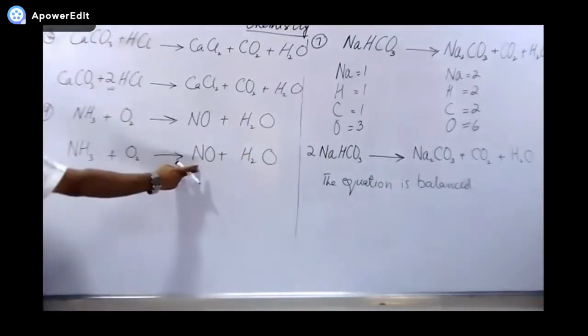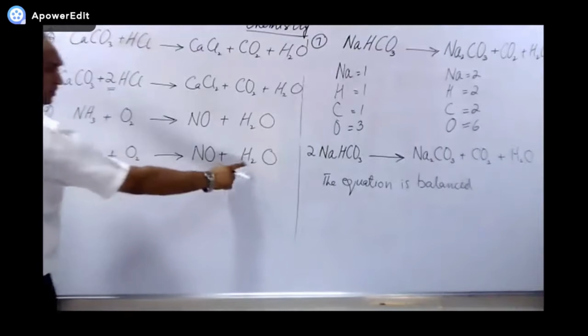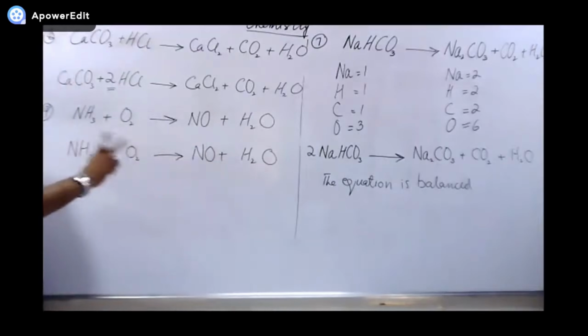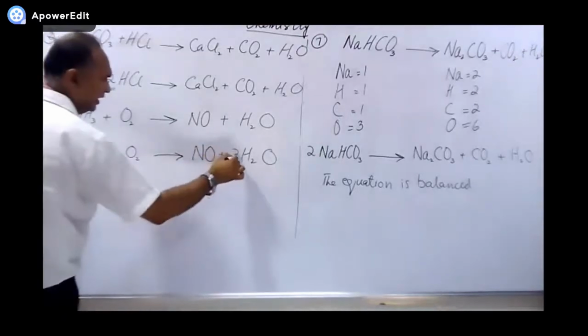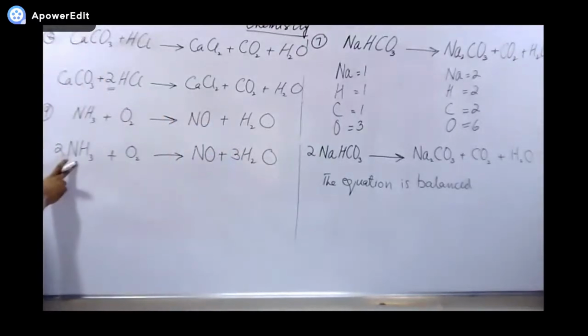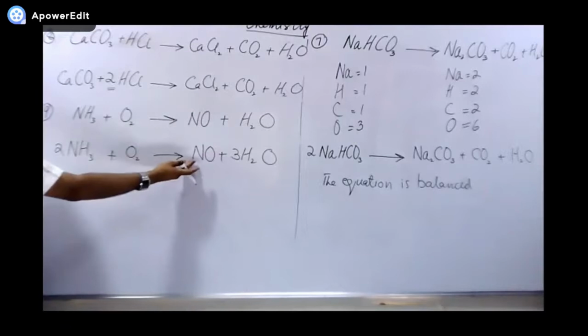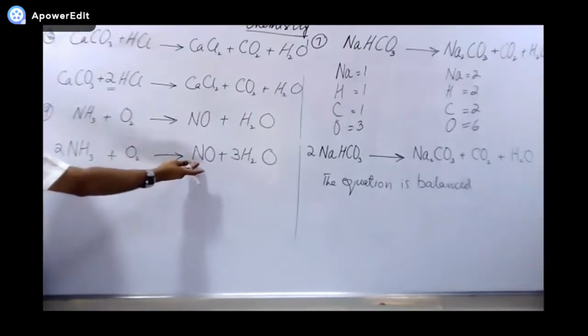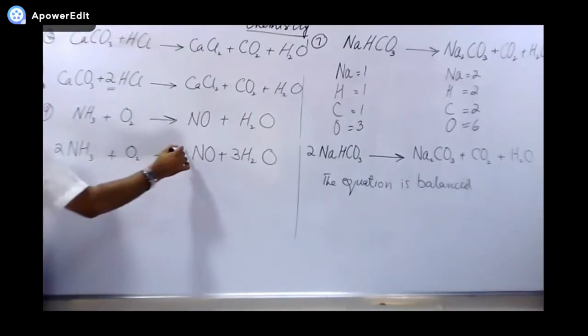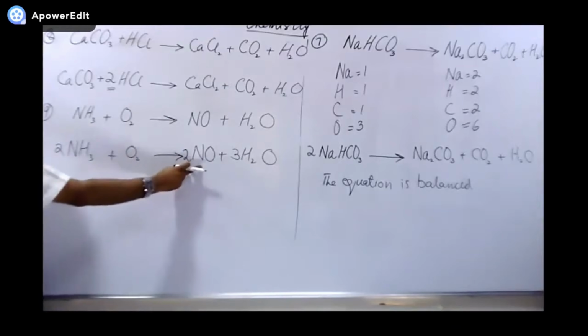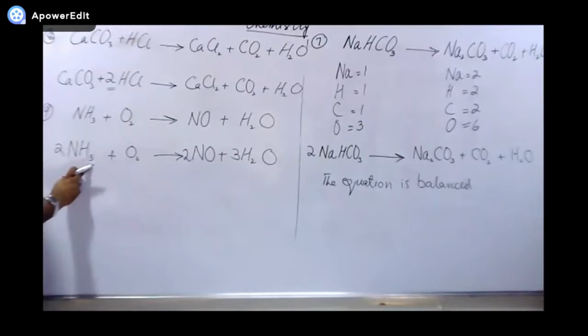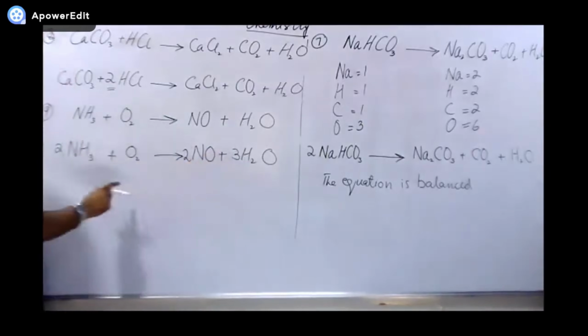1 nitrogen balanced, 3 hydrogens, 2 hydrogens. Consecutive numbers. So 2 I am writing over here, 3 I am writing over here. Now 2 nitrogen. Oh, I disturbed the number of nitrogens. 2 nitrogen, I will write 2 also here. 2 nitrogens, 2 nitrogens. 6 hydrogens, 6 hydrogens.